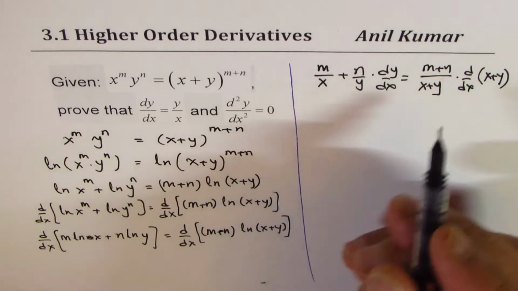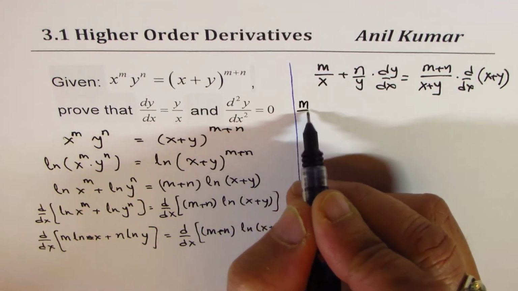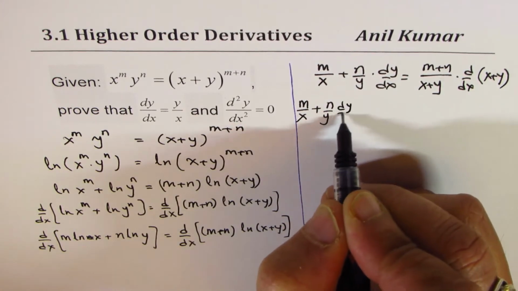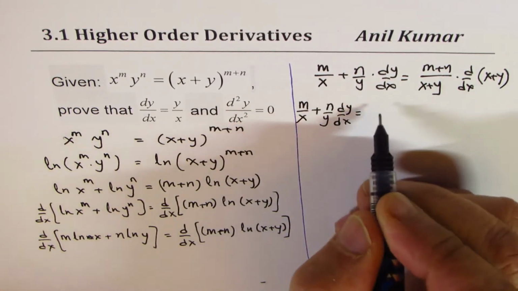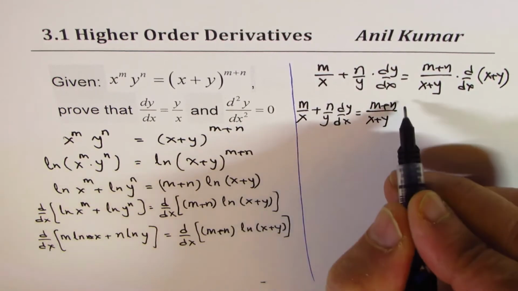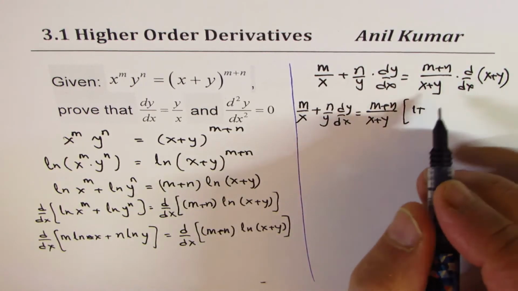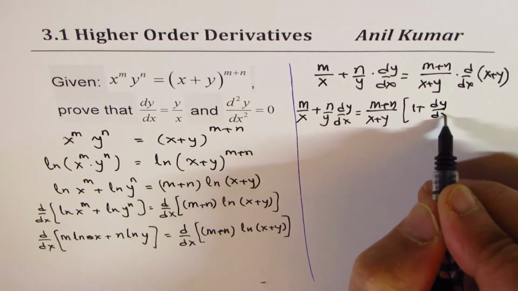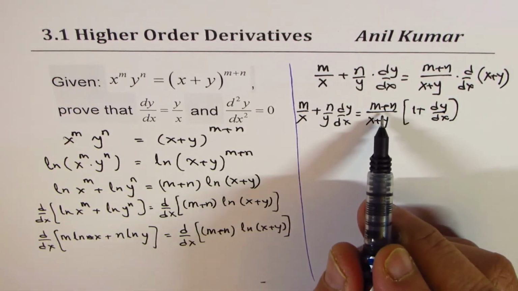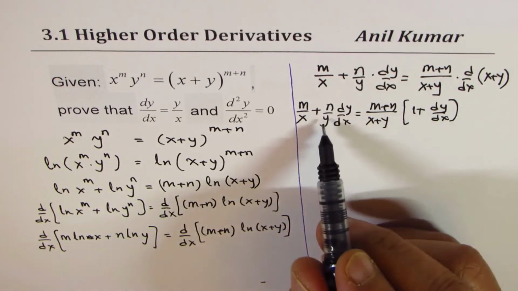Now let's rearrange. We get m over x plus n over y dy/dx equals (m plus n) over (x plus y), and the derivative of this function is 1 plus dy/dx. So we can arrange dy/dx now. We'll bring the 1 factor to the left side.